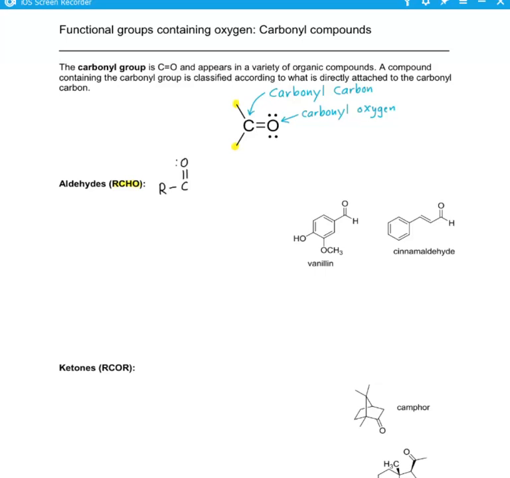RCHO looks like this. So in an aldehyde, what's directly attached to the carbonyl carbon is going to be a hydrogen on one side, and then this R group could either be a carbon or a hydrogen.